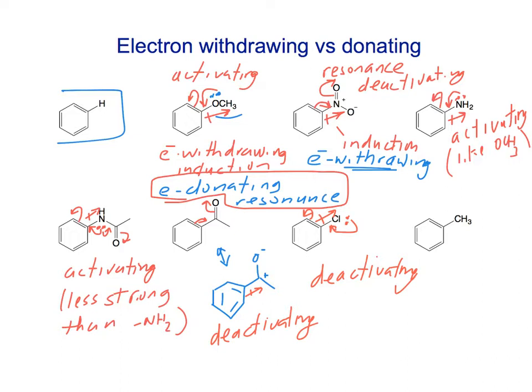When we had the amine or the oxygen, the ether, we had the same conflicting effects, but the donation was stronger, so they were activating groups. Here, with the halogen, the donation is not as good, and the electronegativity, the inductive effect, becomes stronger. Okay, so it ends up being deactivating.